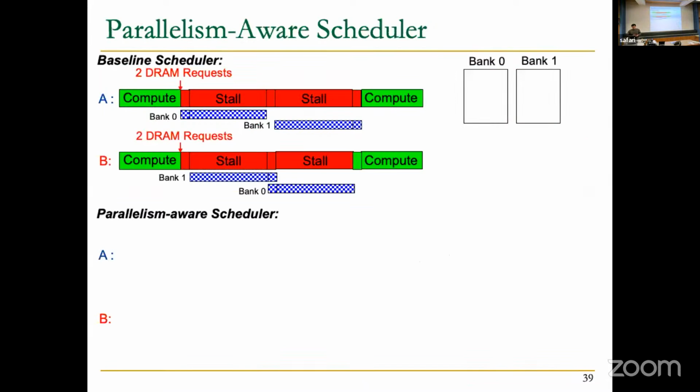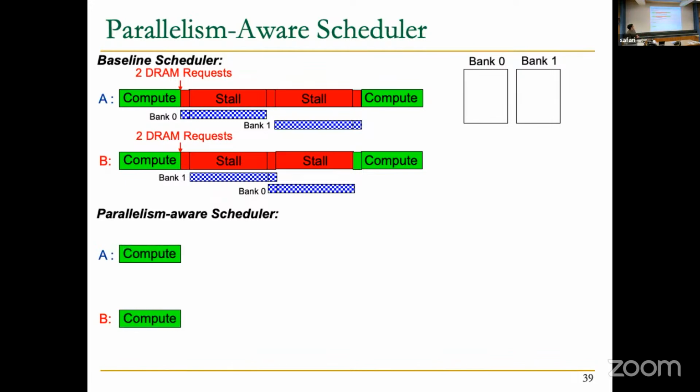PAR-BS is looking at a different problem. Here we're looking at inside a thread. Threads can exploit bank level parallelism, but when we run multiple applications or multiple threads at the same time, the memory controller might end up not exploiting that bank level parallelism. Here's an example.